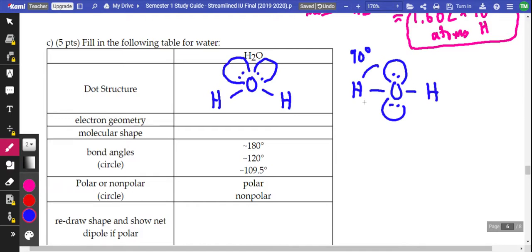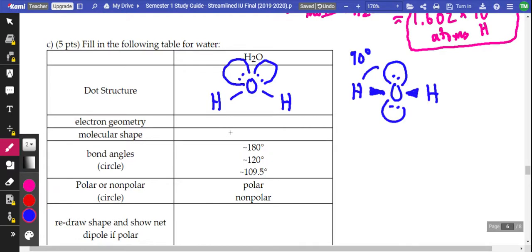So instead of leaving this flat and linear, if I make these kind of crooked and put one of these out of the page, or maybe both of them out of the page coming at you, they're bending towards you, that gives us what we call a bent molecular shape. Okay, that bent molecular shape comes from where our lone pairs of electrons have to have their spots too.